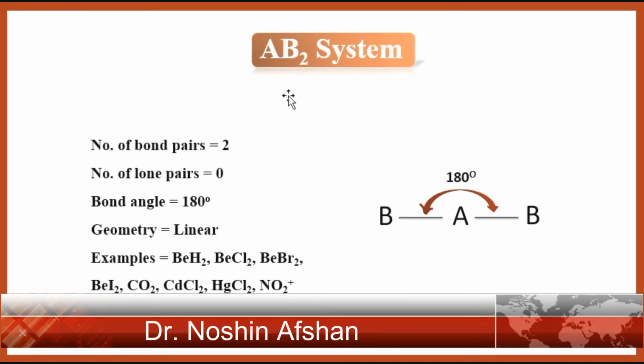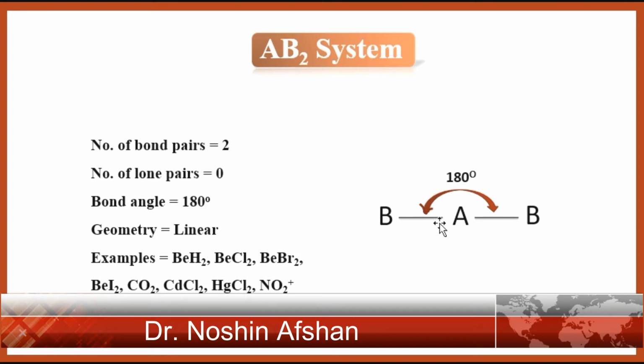According to the AB2 system, the molecules contain two bond pairs and there would be no lone pair of electrons. In this way, these two bond pairs would be arranged around the central atom, that is A here, at the maximum distance from each other and at the minimum repulsion. So the maximum distance comes to be at 180 degrees.